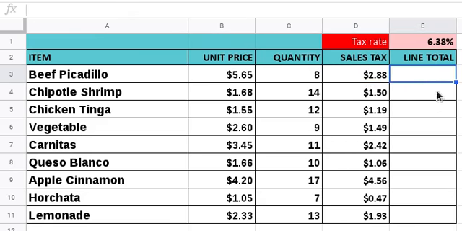Line total. How do we get the total? I told you the total paid for this item is supposed to include the sales tax. Now the line total should get all this together, and it should be unit price multiplied by quantity plus the sales tax. So we shall say equal to unit price multiplied by the quantity, which is in C3, plus the sales tax, which is in this cell I'm selecting, D3.